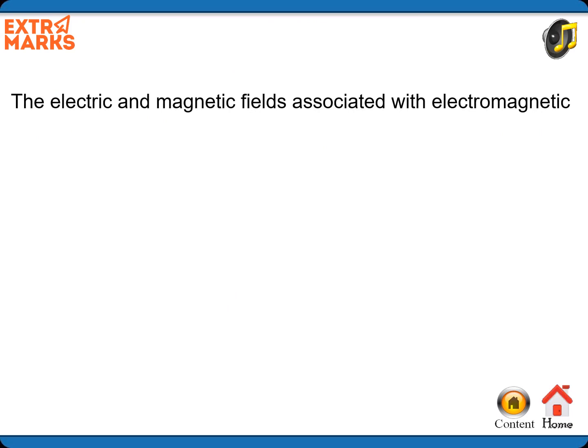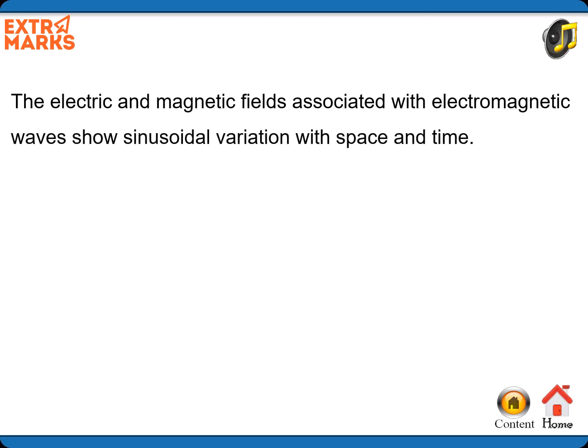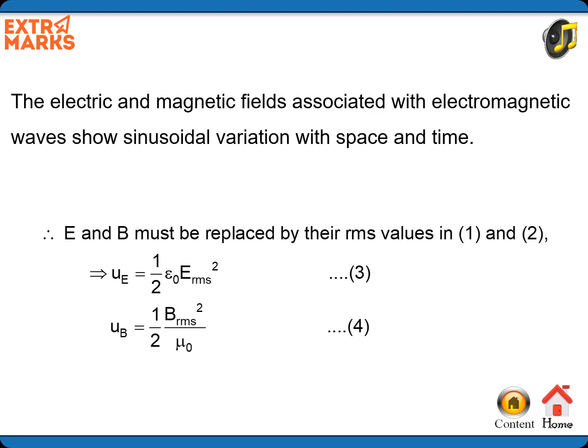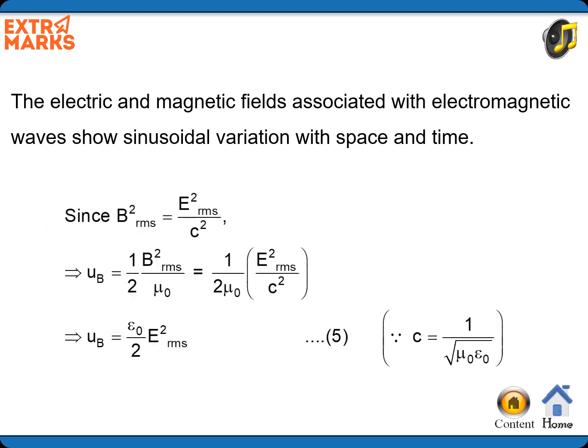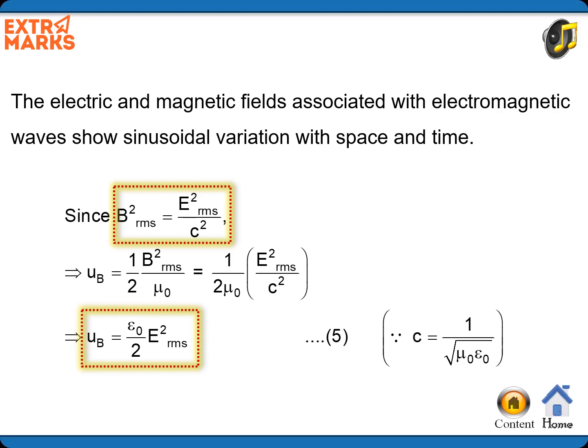The electric and magnetic fields associated with electromagnetic waves show sinusoidal variation with space and time. Therefore, E and B must be replaced by their RMS values in equations 1 and 2. Since B_rms squared is equal to E_rms squared by c squared, therefore, UB is equal to 1/2 ε0 E_rms squared.